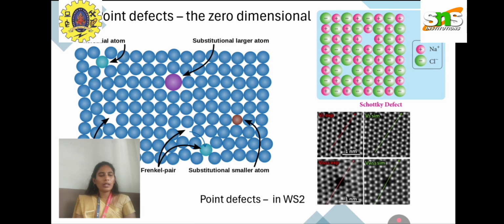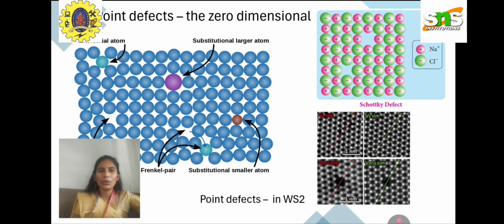Interstitials produce atomic distortion because they push the surrounding atoms further apart. An interstitial atom is nothing but an unwanted foreign atom inside the crystal structure.